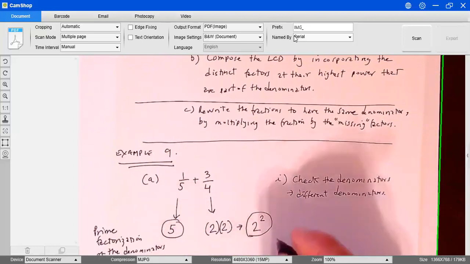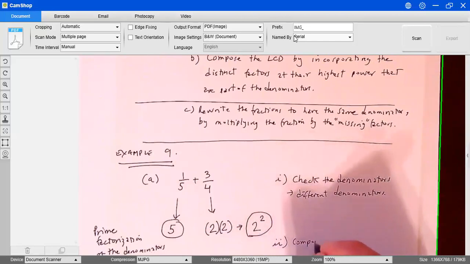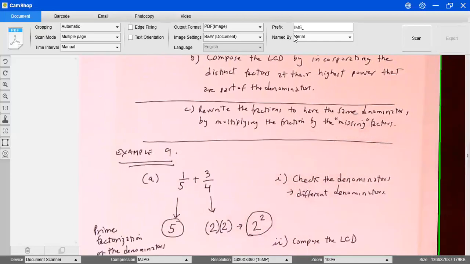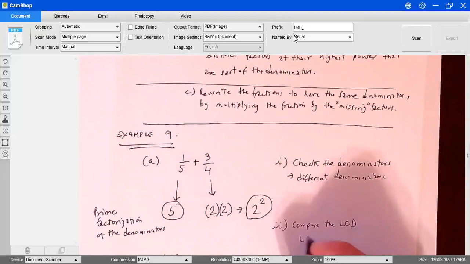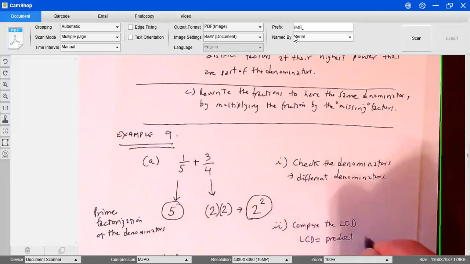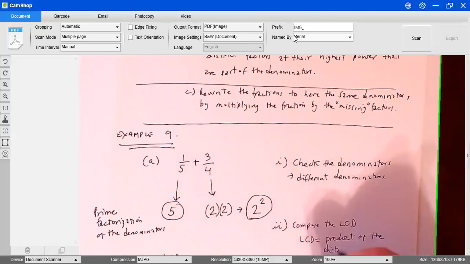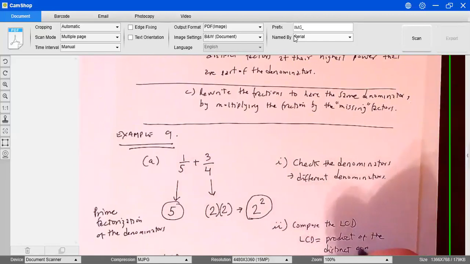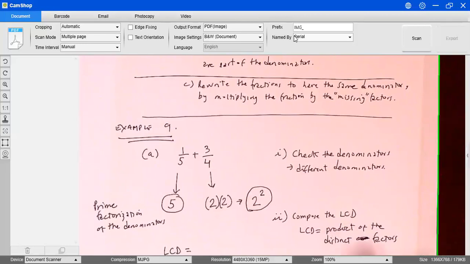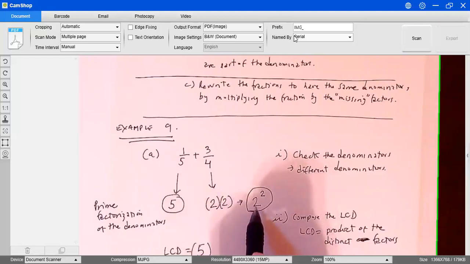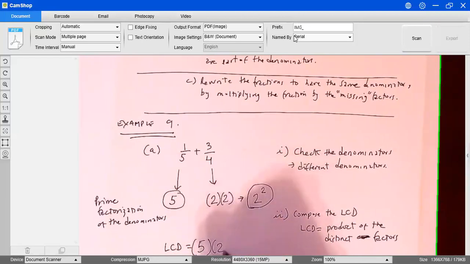So now we're going to compose the least common denominator. What is the least common denominator? It's going to be just the product of the distinct factors at their highest power. So in this case, I have 5, and then the next one is going to be 2 squared.